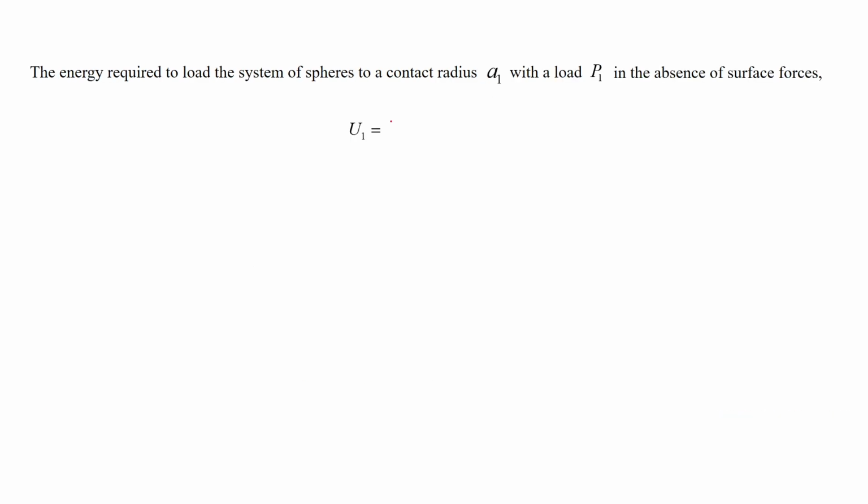That can be given as the integral of P d delta, where delta goes from 0 to delta 1, and at delta equal to delta 1, P reaches P1, that is all it means. This is P into delta, force into distance, that is the energy, basically.